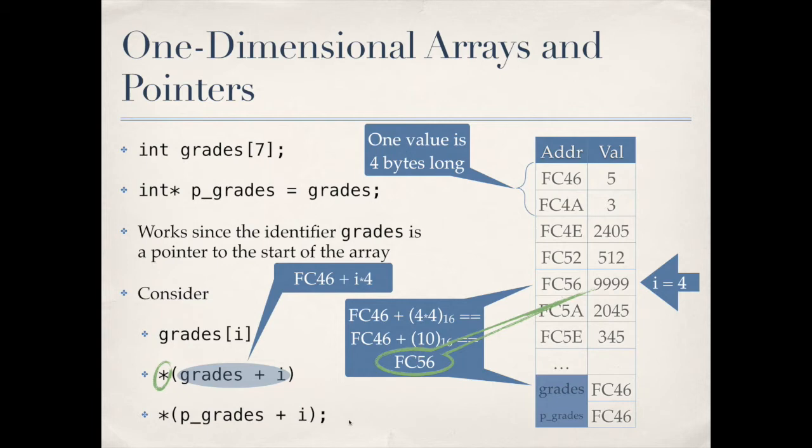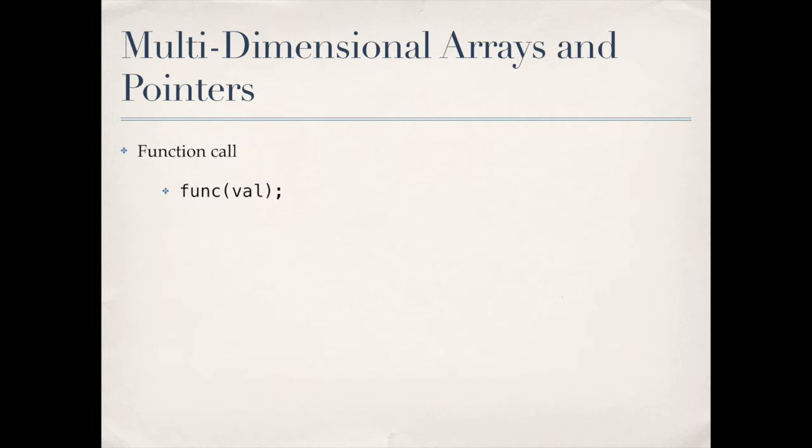This shows how one-dimensional arrays and pointers relate. Now let's go to a multi-dimensional array, and to make our explanation simpler, we use two-dimensional arrays, and have a look at how this works.